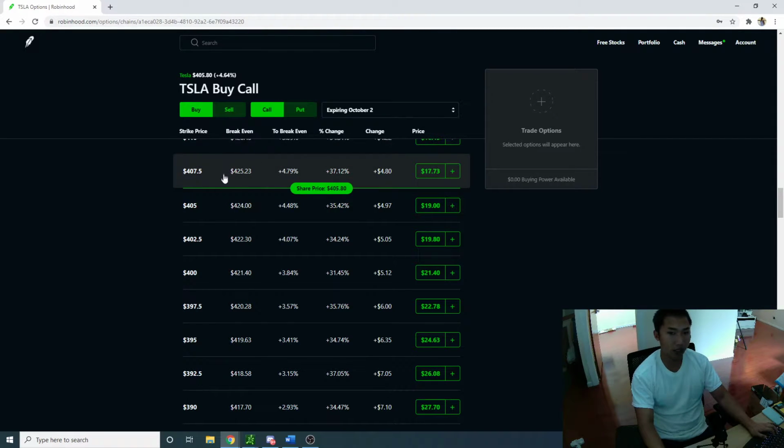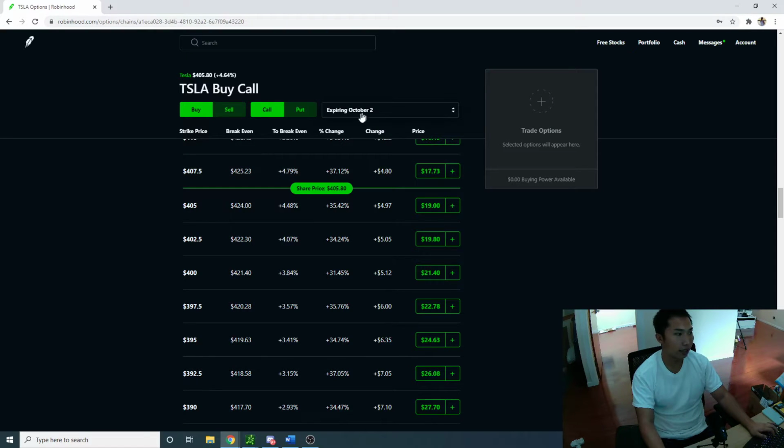The break-even price is just saying that on expiration, you will be break even if Tesla is at 425.23. That is factoring in the premium price you paid over here and your strike price. So if you do a little bit of math, 17.73 plus 407.5 is equal to 425.23.